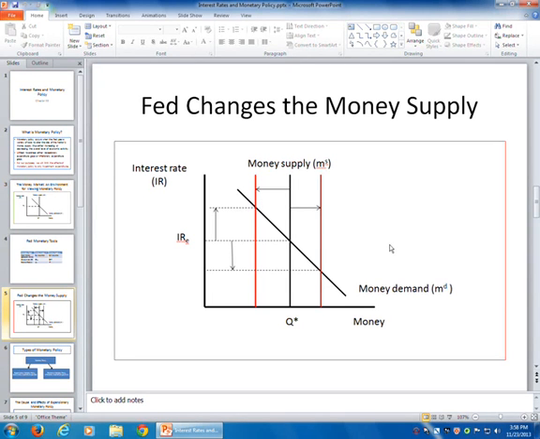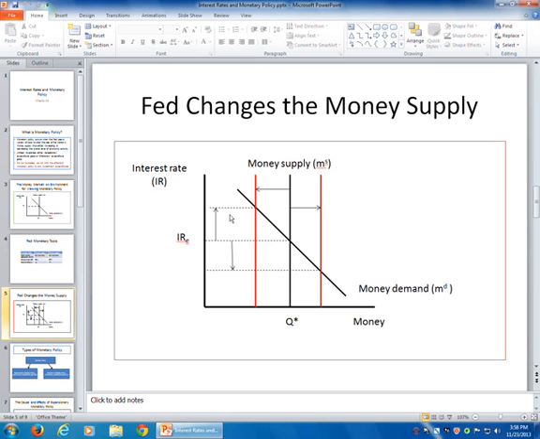Now, as the money supply curve shifts, notice our definition of money market equilibrium changes. With the initial supply curve here, it gives us an equilibrium interest rate, which I'll call i sub e, so interest rate at equilibrium. Now, if the Fed were to use its tools to reduce the money supply, interest rates would go up.